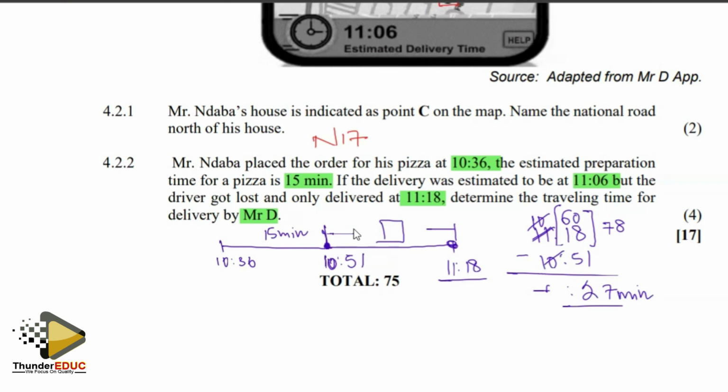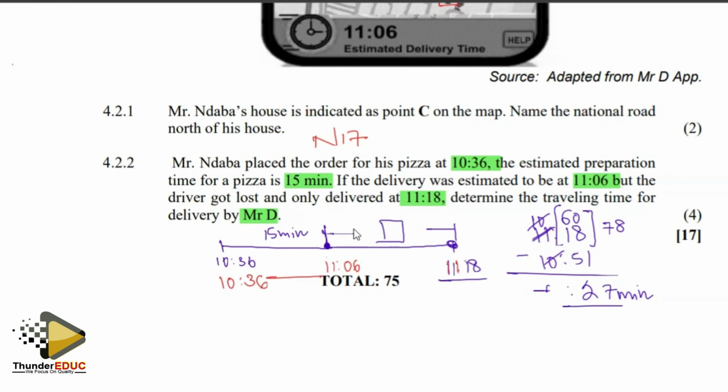Sorry, Mr. D. That's another question. Another way around, you can ask yourself: it's supposed to arrive at 11:11, but it has arrived at 11:18.